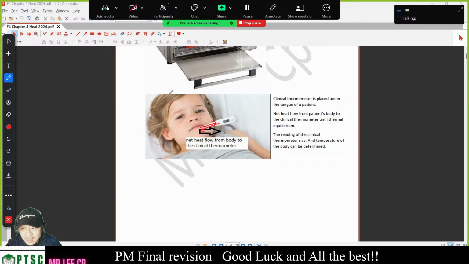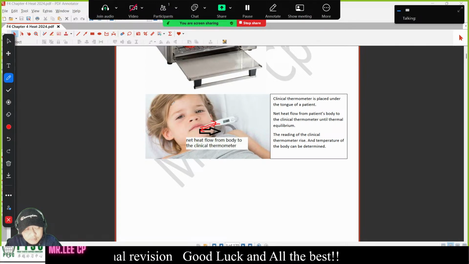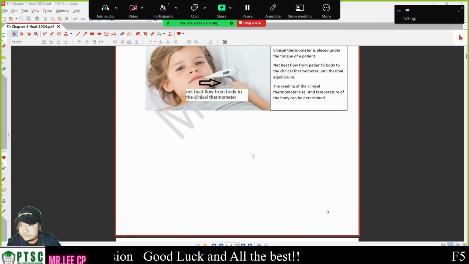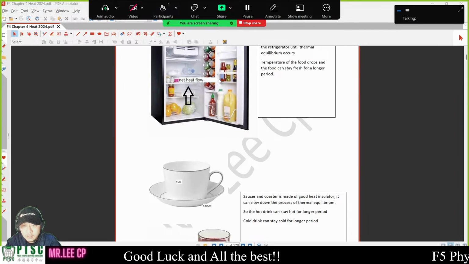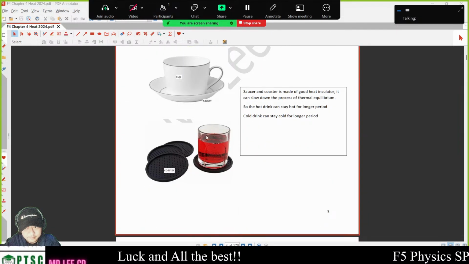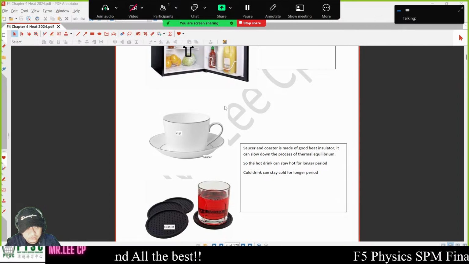Until thermal equilibrium is achieved, the body's temperature is the same as the clinical thermometer. Icebox, saucer, coaster are the same. All of these are uses of thermal equilibrium.